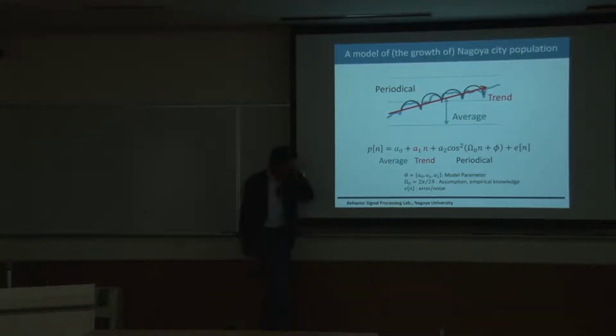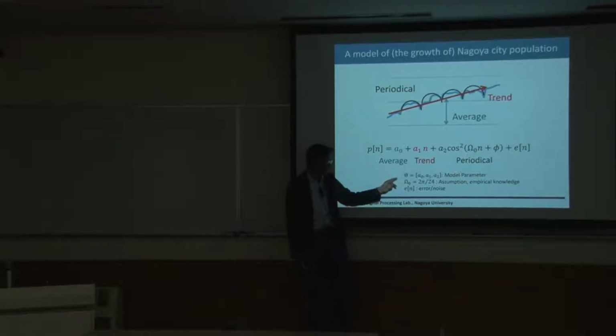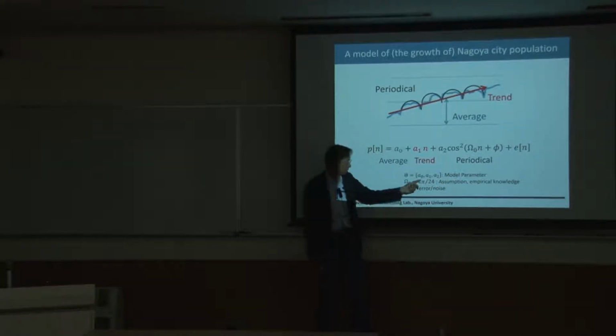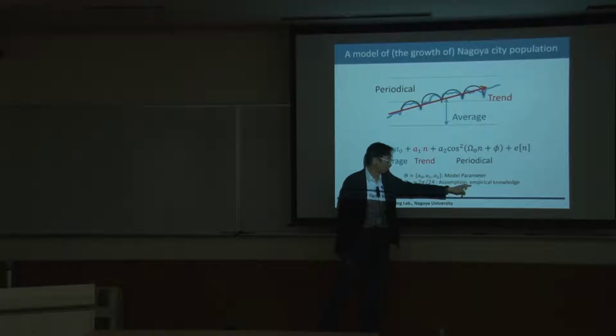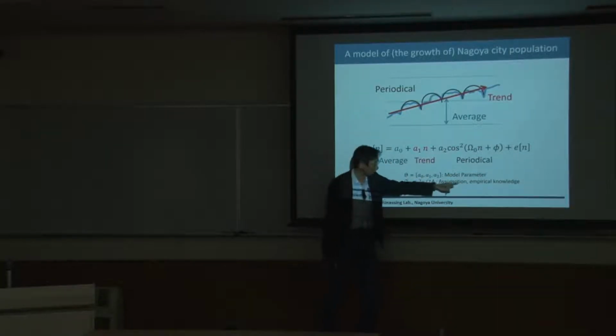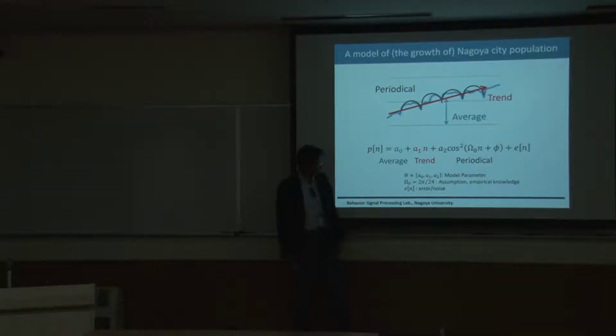Okay. So again, this problem can be formalized like this: the model parameters are A0, A1, A2, and phi or omega 0. This is the assumed periodicity, I mean. And the error is like this. So how do you get to know the omega 0? This is an interesting question.